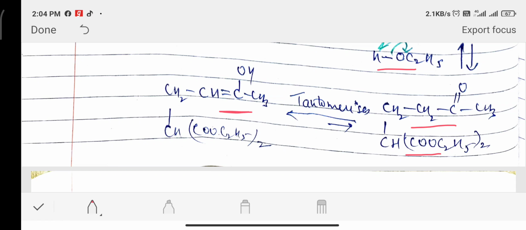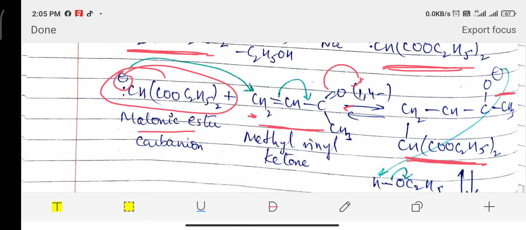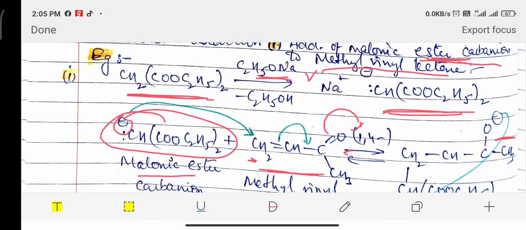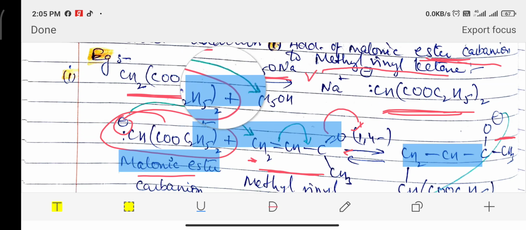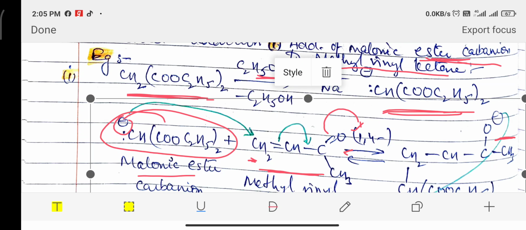Enol and keto forms are interconvertible and are in dynamic equilibrium. So this is the example in which the malonic ester carbanion, formed from malonic ester with sodium ethoxide, attaches to this methyl vinyl ketone, and the addition is 1,4 addition.